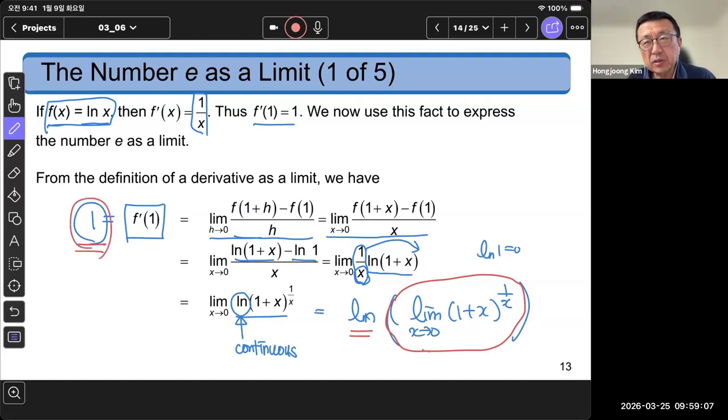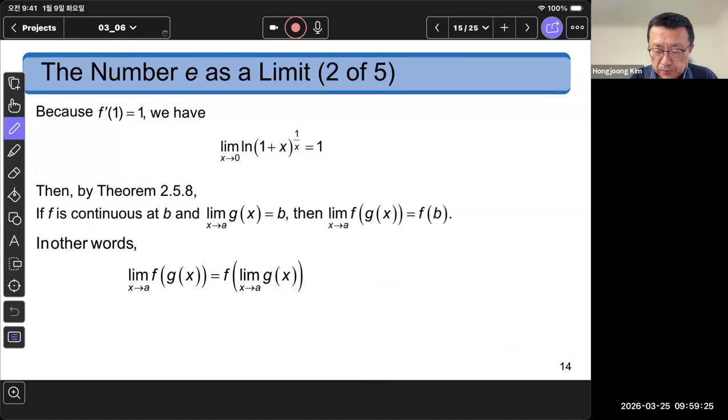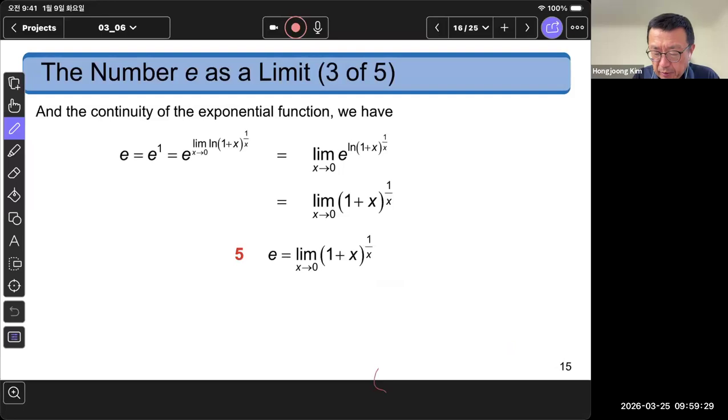Okay, then what is this something? This ln means just a logarithmic function with the base e, right? So ln of something is 1, then what is the value of this something? This something will be e.